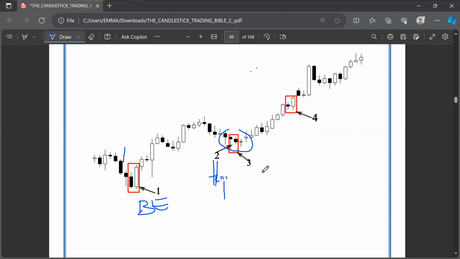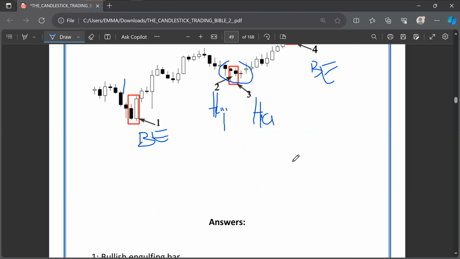So I can say that this is a bearish harami, or better, just harami. You are good to go. So the fourth one is bullish engulfing.